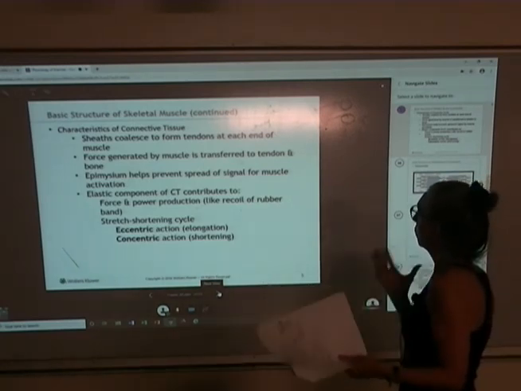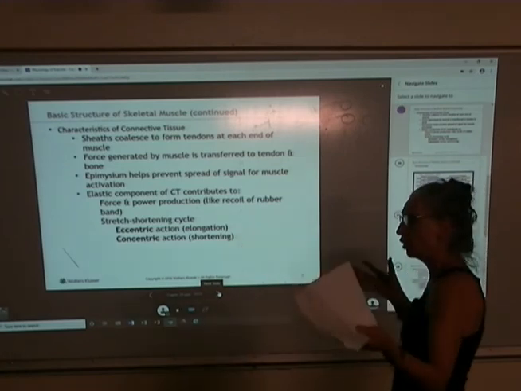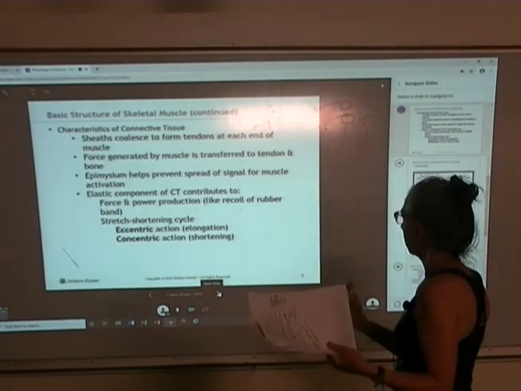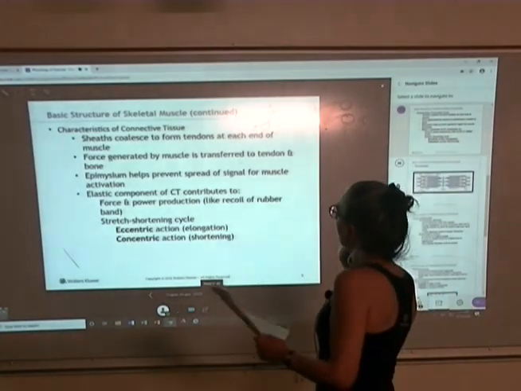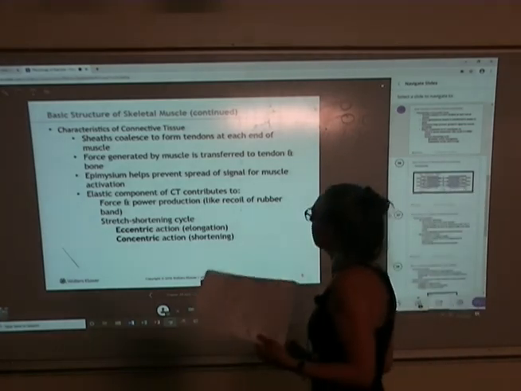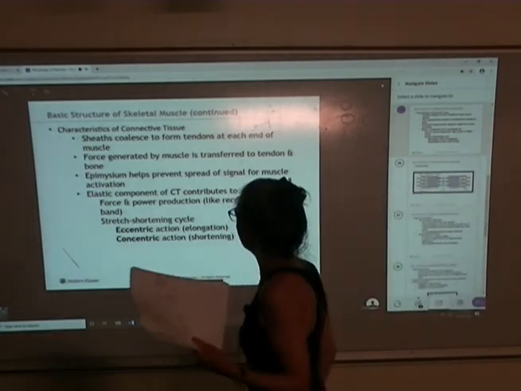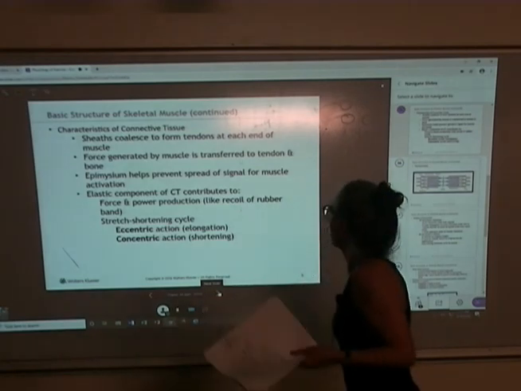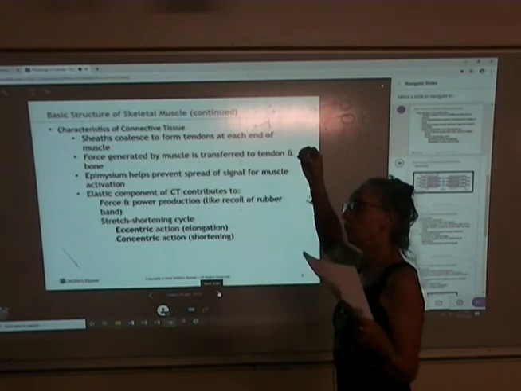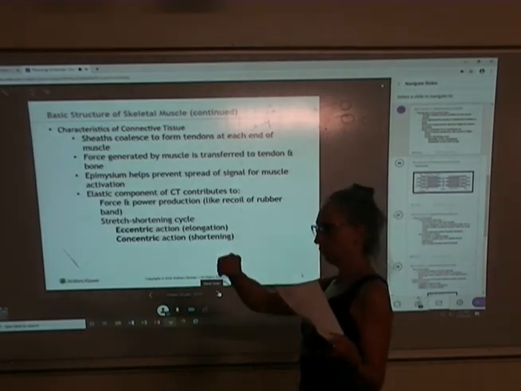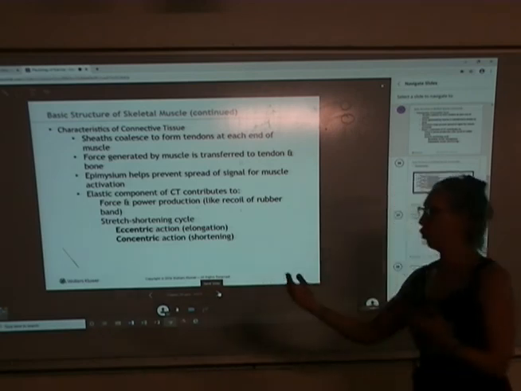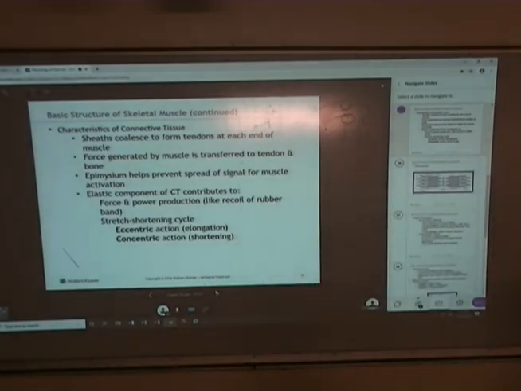Okay, so we've already said that connective tissue coalesces, joins together to form the tendon at each end. That's wrong. That shouldn't say epimysium, that should say endomysium. Helps prevent the spread of the signal for muscle activation. So when the nervous impulse comes to the muscle, we don't necessarily want to turn on every fiber within that muscle.